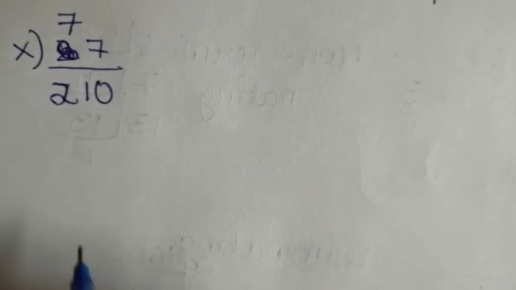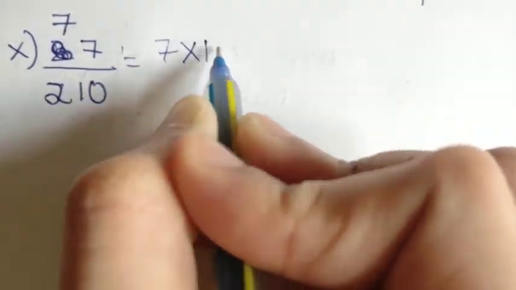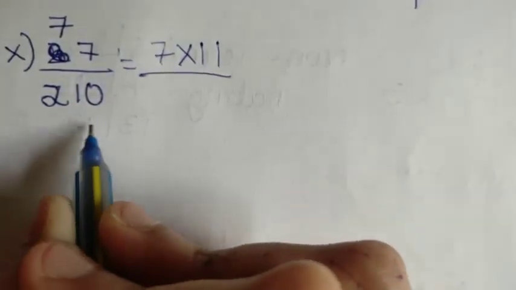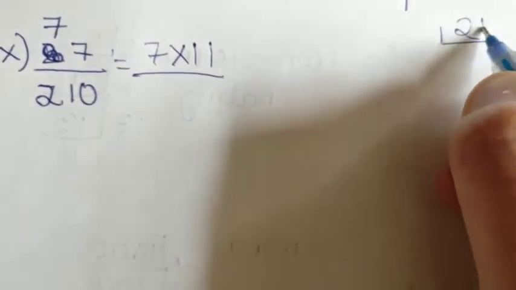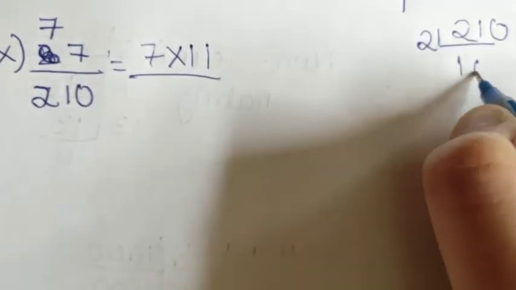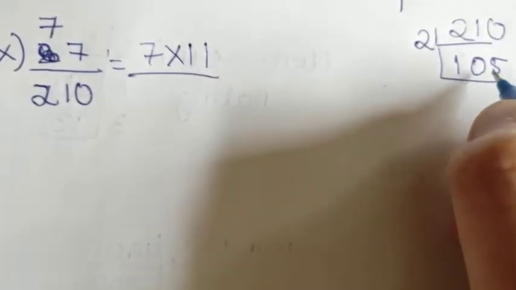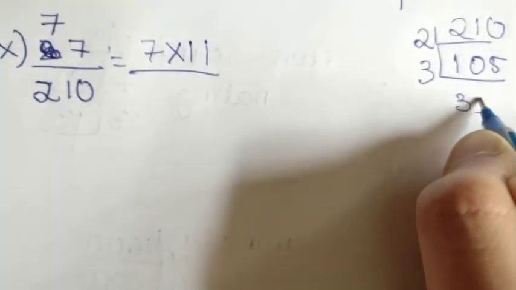So here we have the 10th question, that is 77 by 210. Now let's do the prime factorization. Now this 77 can be written as 7 into 11. Now let's do the prime factorization of 210 here. So 210 is divisible by 2 and we get 105. Now this 105 again is divisible by 3. So we get 35.